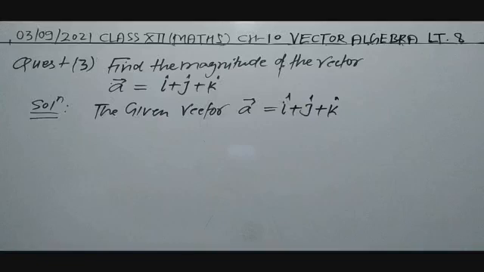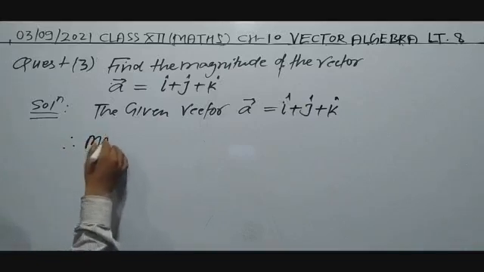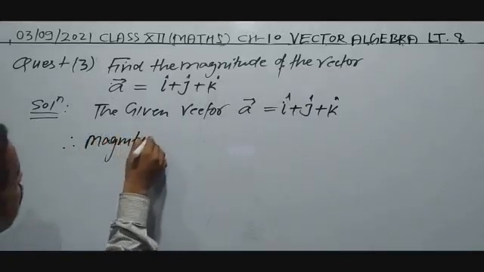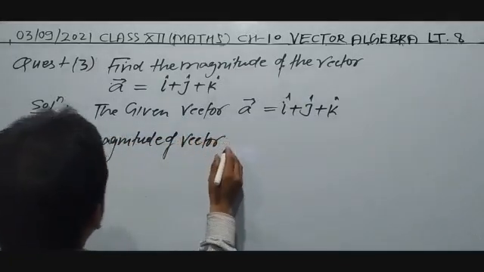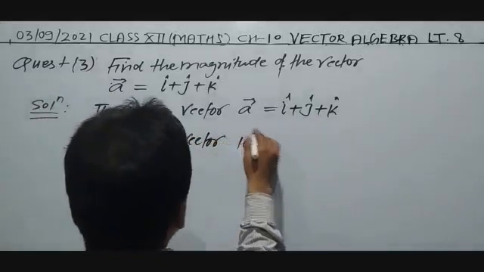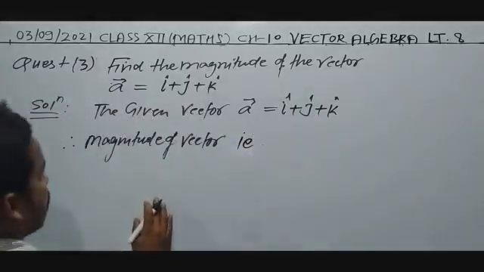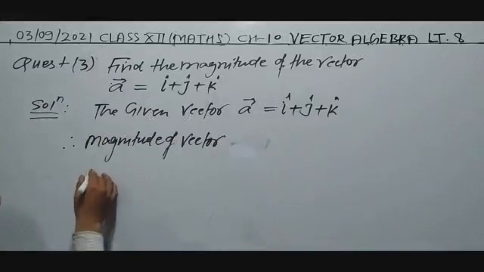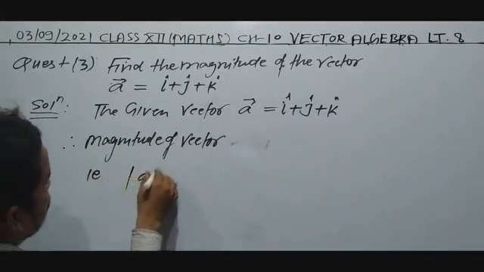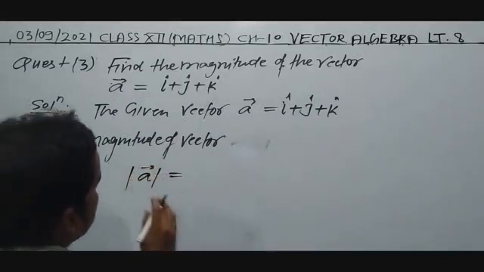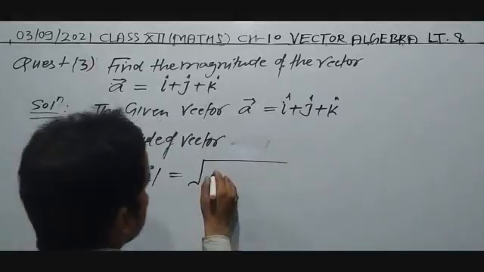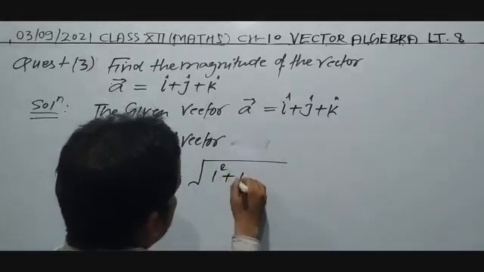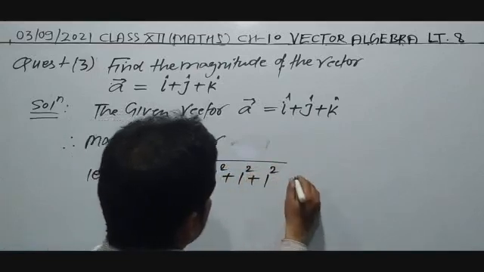So the magnitude of the vector, that is mod of A, is equal to root over 1 square plus 1 square plus 1 square.